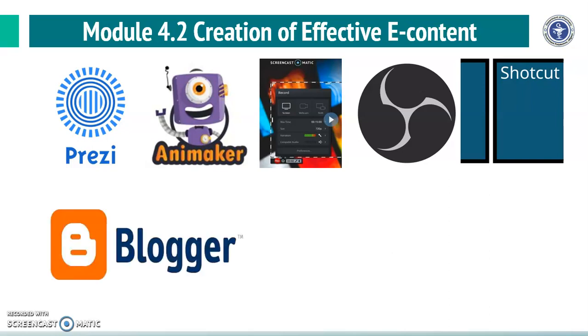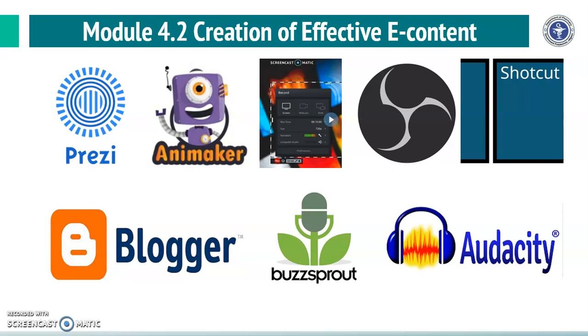Dear colleagues, we have also seen how we can create our effective blog by using free software. We can even have our own podcast by using Buzzsprout. Then we can edit it by using Audacity. So the module 4.2 was all about how we can create the e-content effectively.